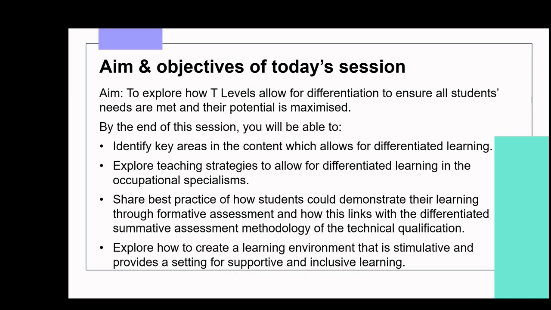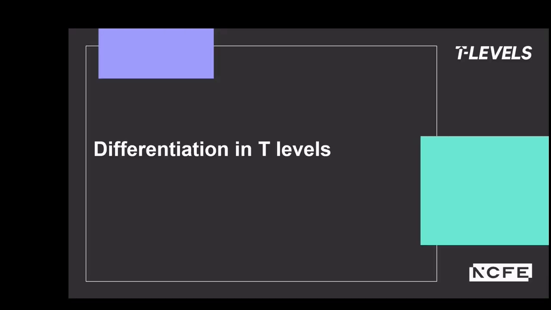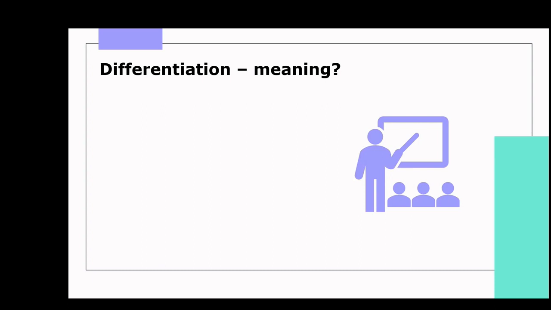We'll explore key teaching strategies in relation to differentiated learning in occupational specialism. We'll look at some best practice and how students can demonstrate their learning through formative assessment. And finally, explore how to create a learning environment that is stimulating and allows for the most supportive, inclusive learning for your students.